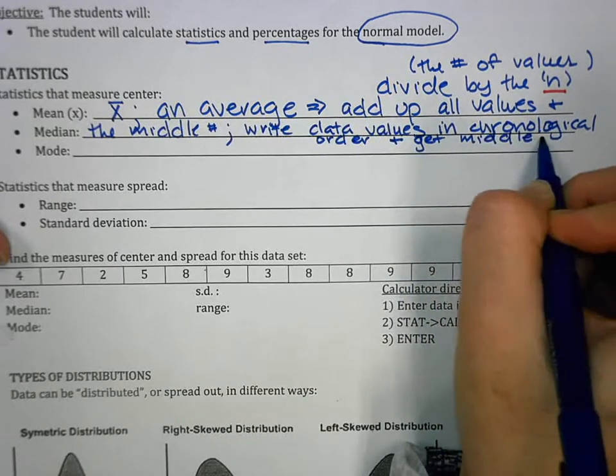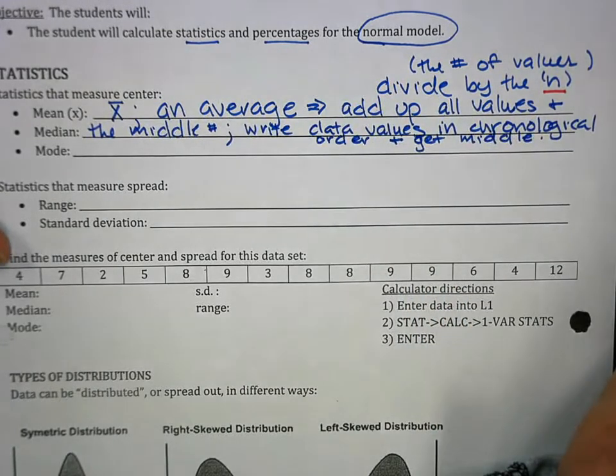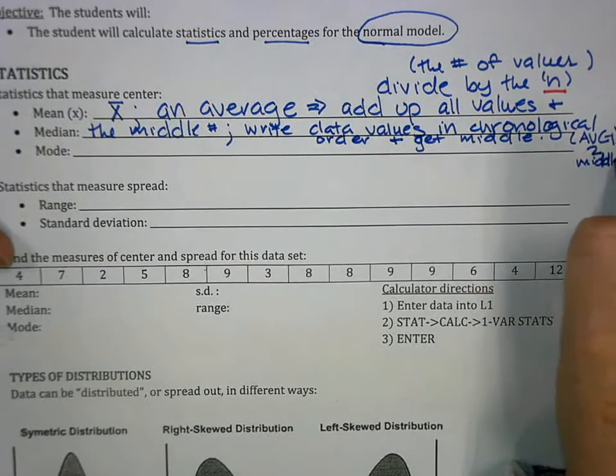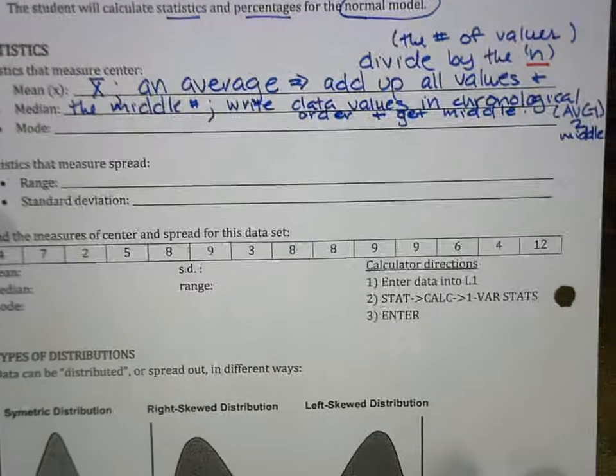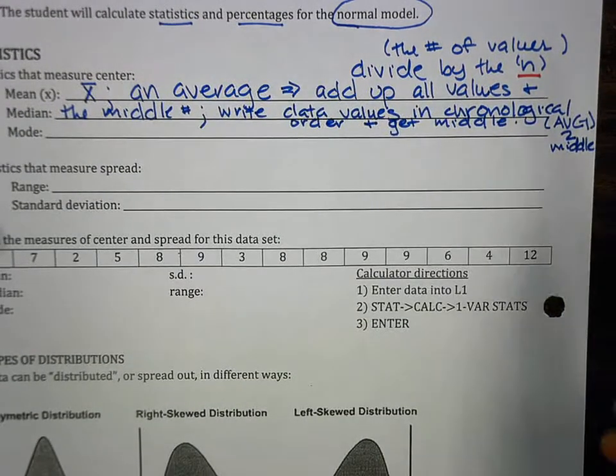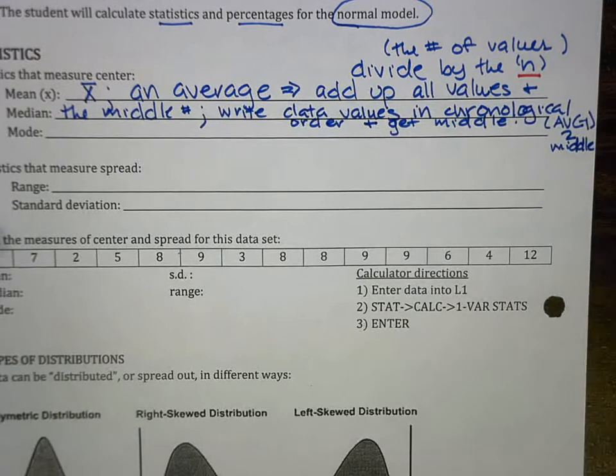Now what happens if you have an even number of values, therefore you have two numbers in the middle? Well, what you do to find your median is you get an average. Average the two middles. I think we had a problem yesterday where the two middle numbers were 60 and 62. So you add those two, divide by 2, and you get 61.